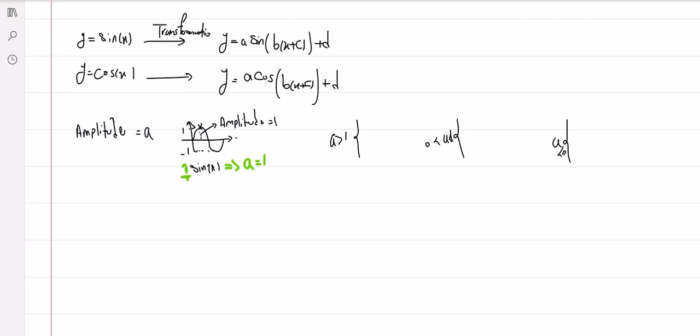How? As an example, we want to draw the graph of 2 sine of x. We first gonna draw the graph of sine of x itself, which is looking like this. Now, on here, the a value is equal to 2, which is more than 1. What happens if there is a coefficient of 2 applied in here?